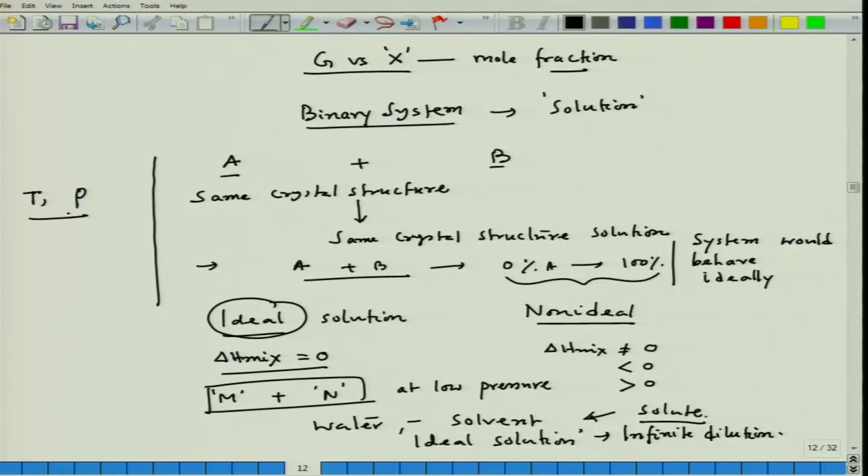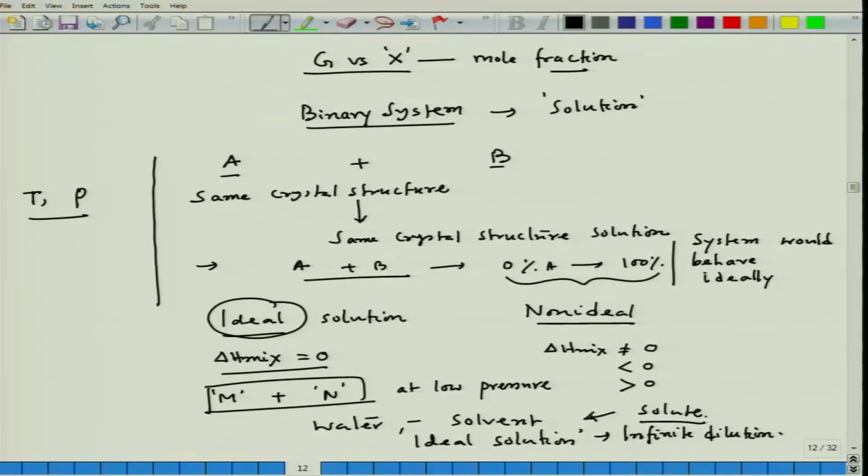Now, when we do that, we also have to consider two more external parameters. One is temperature, another one is pressure. Liquid and solid are both condensed phases, and the effect of pressure on those condensed phases is very minimal.